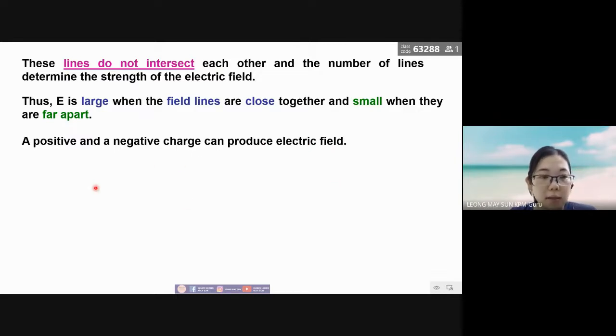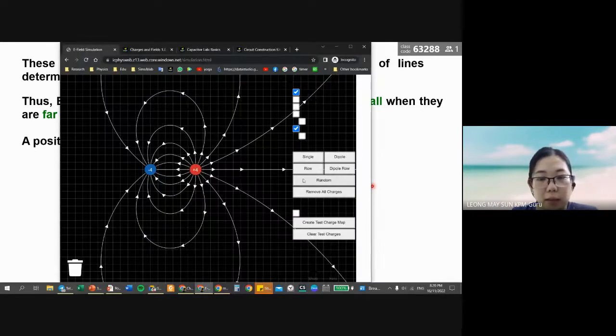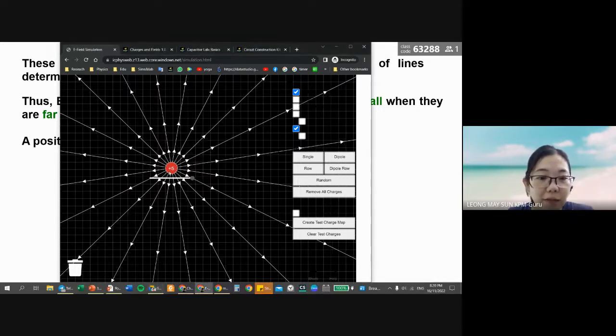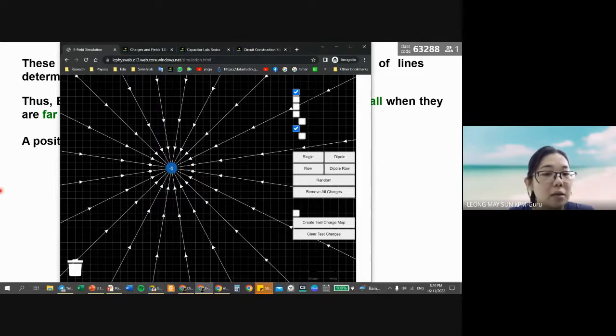One thing is when we look at this particular simulation, electric field lines can stand on their own. Meaning that even without a negative charge, electric field lines can appear on their own from this positive charge. It's independent of other charges. If it's negatively charged, it can also stand on its own.